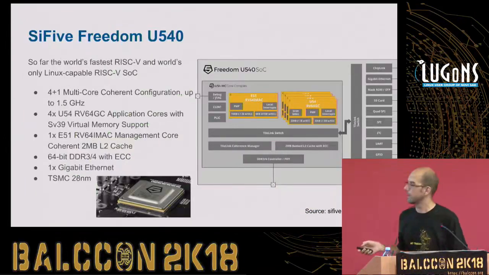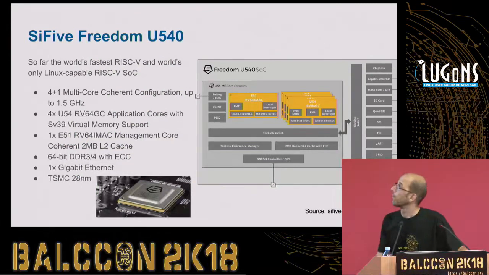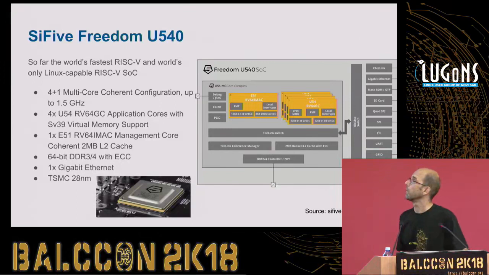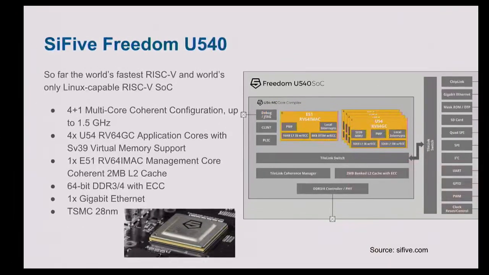Here SoC U54 FU540 is based on the U core, and is capable of running Linux. It is the only physical CPU based on RISC V technology which is able to run Linux, and it is the fastest one.